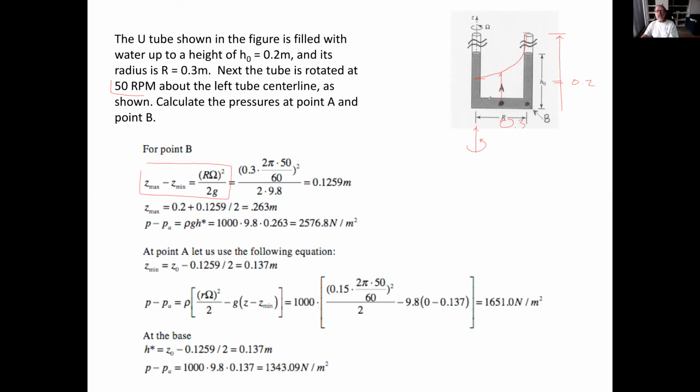And of course, R is 0.3 we said, 2 pi, 50 RPM over 60 minute, 2G. And it gives me like 12 to 13 centimeters. That's the distance, so this represents the whole distance between here and here.